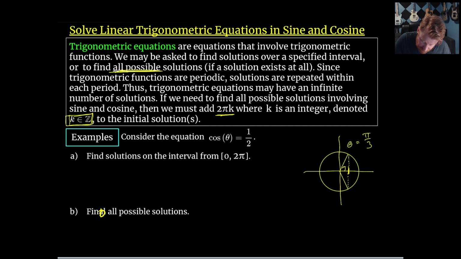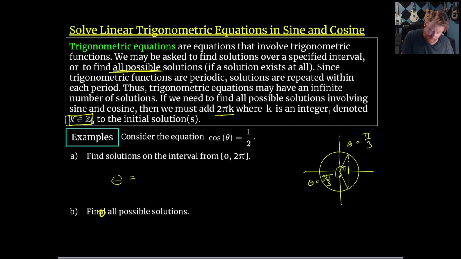So we need to go all the way around and get this angle here, which is going to be 5 pi over 3. I can just call them both theta for now. I might later start labeling them theta 1 and theta 2, but let's not do that quite yet unless I absolutely have to.